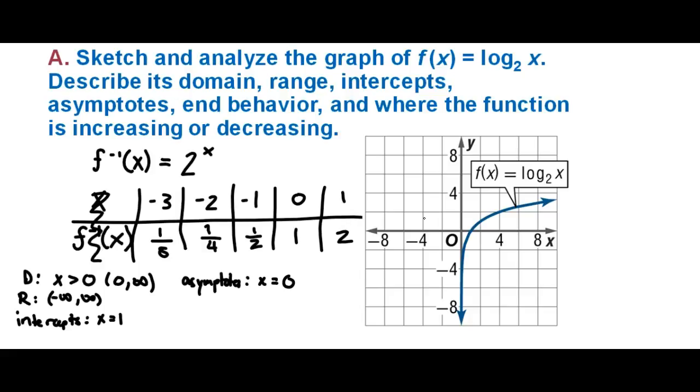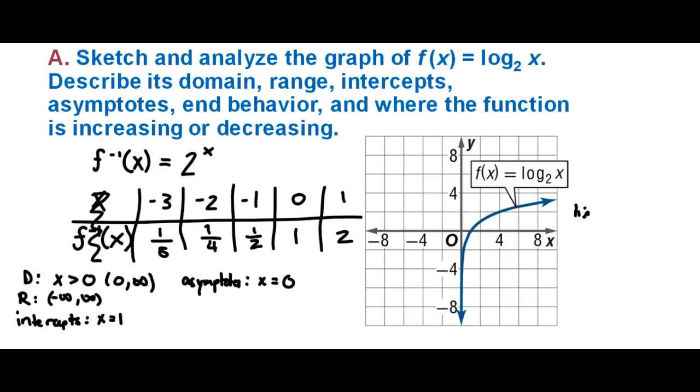The end behavior, as I go to the left, my function approaches negative infinity. And when I go to the right, it seems like it's eventually going to approach positive infinity. So let me write that.